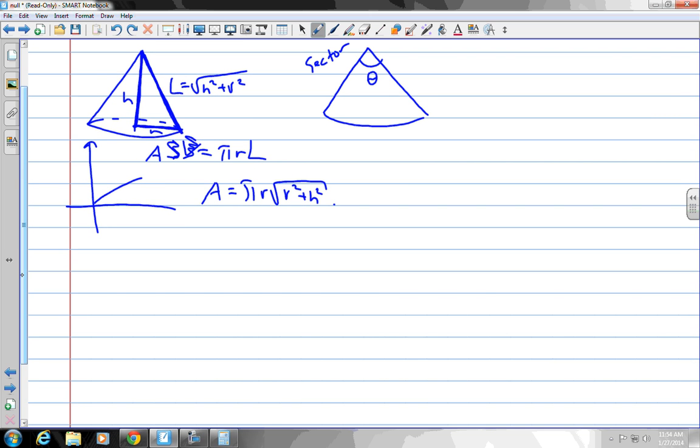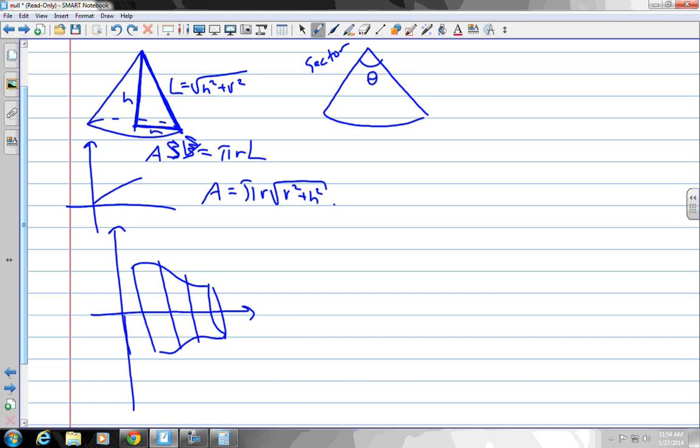Is that okay? Now, it will come in handy because when we're doing the surface area of revolutions, we're going to use those circular cone frustums to approximate the actual surface area. Because if I take a curve and rotate it, and cut it in pieces, I'll be looking at these types of shapes.